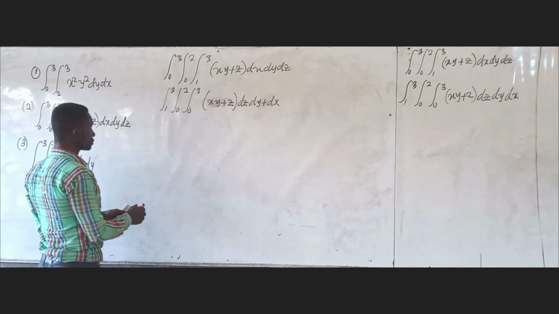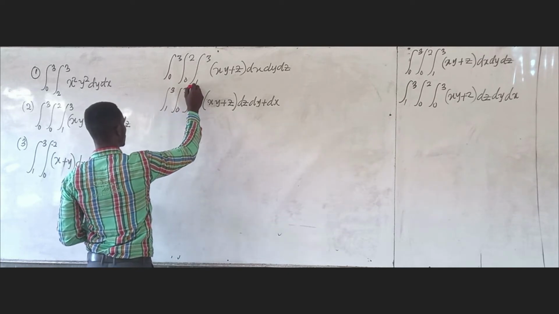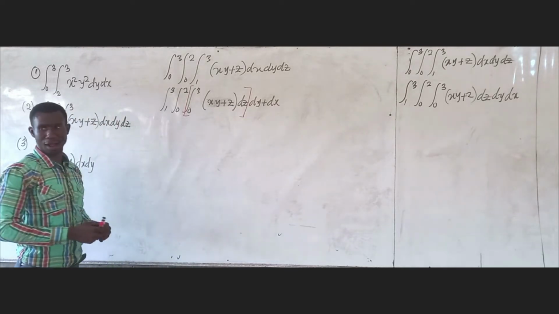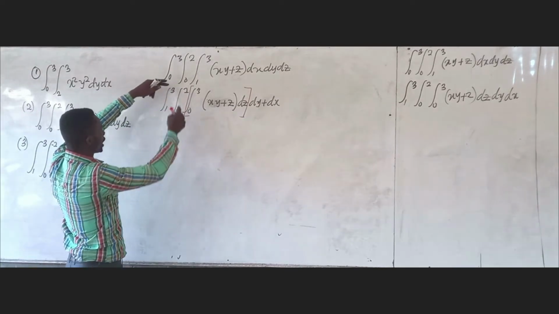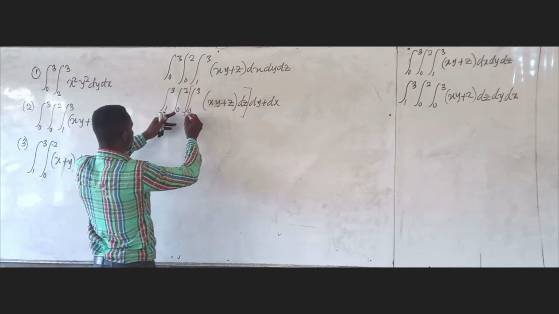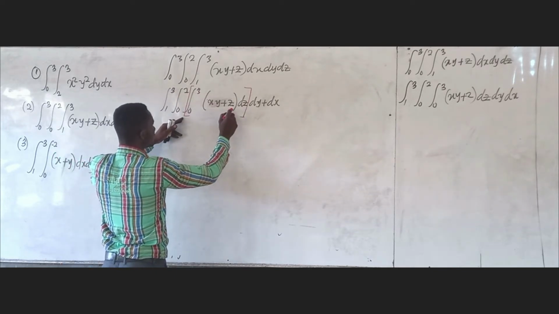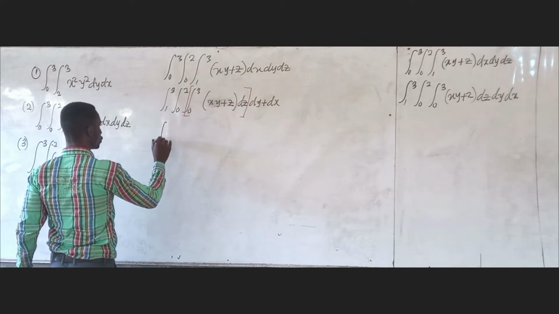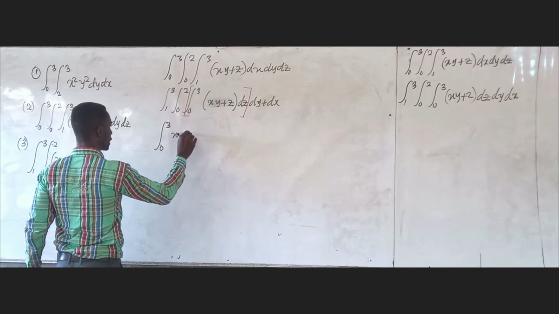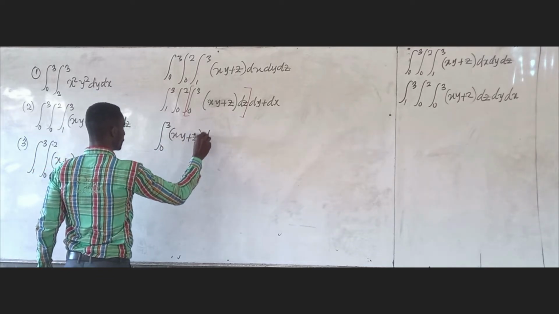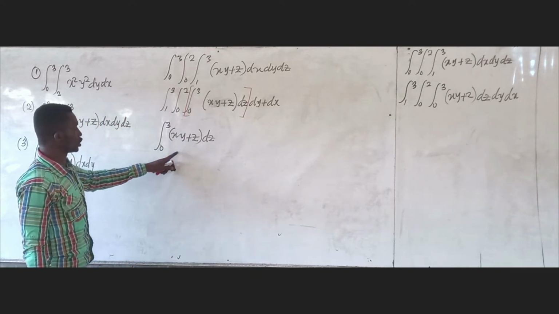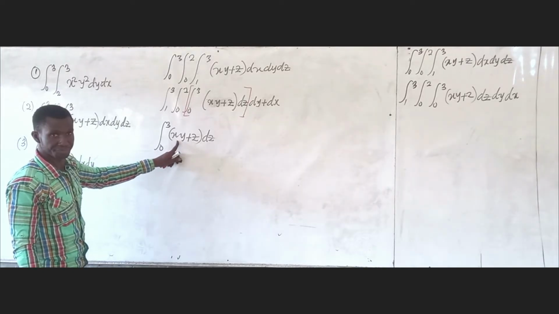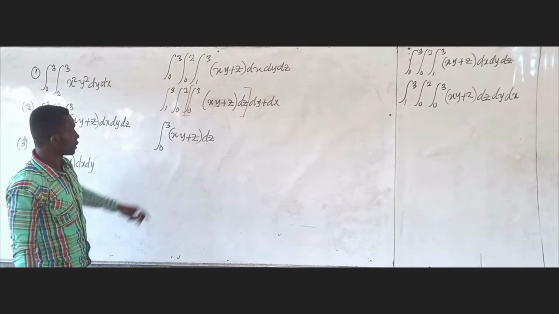For this, I will integrate this first, where I have marked with the red marker. After that, it will come inside this one. I will integrate the integral 0 to 3 of xy plus z dz. I'm integrating with respect to z, so x and y will be constants.